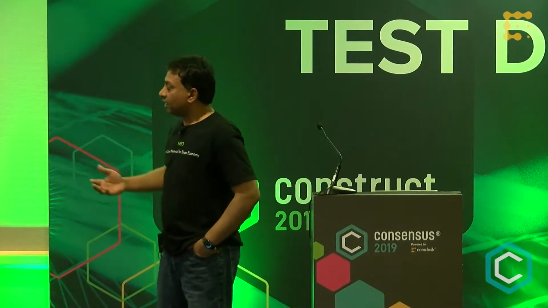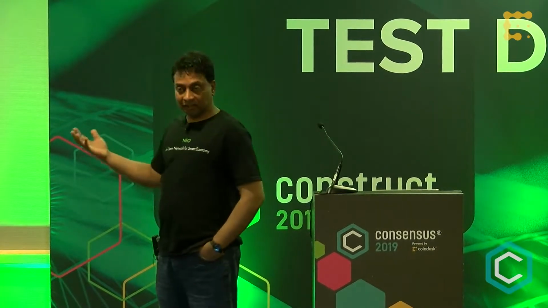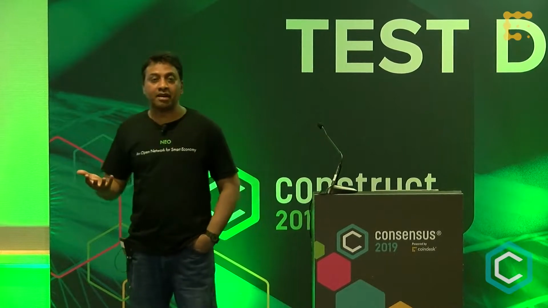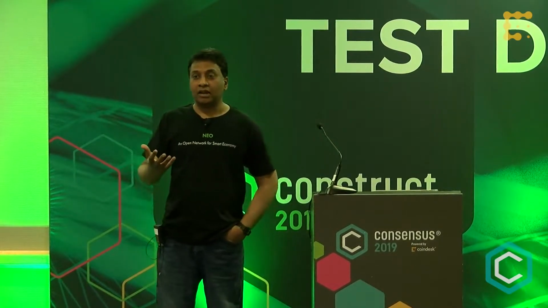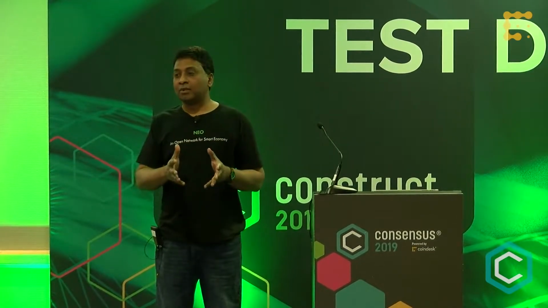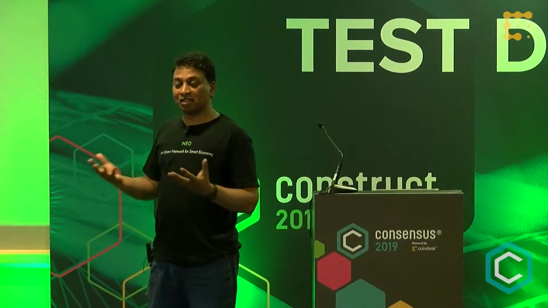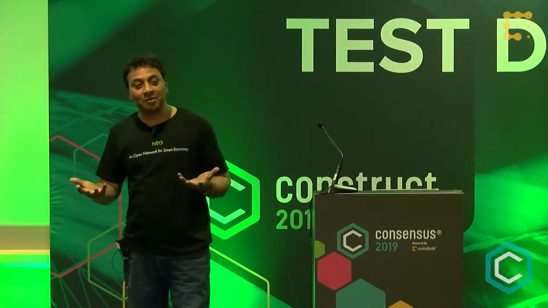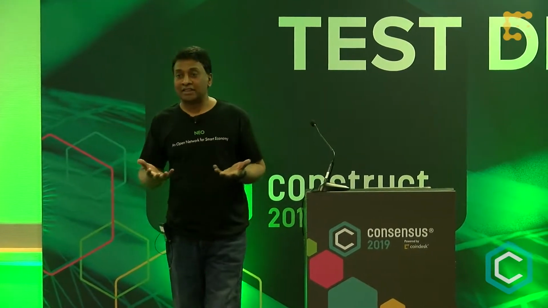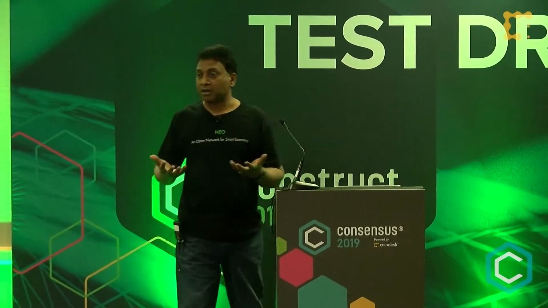The second pillar, in terms of decentralization, obviously, again, trust-free, transparent, and very inclusive in terms of how we build the platform and also how we run and govern the platform. And lastly, in terms of sharing, to enable seamless, friction-free sharing of assets across the smart economy.